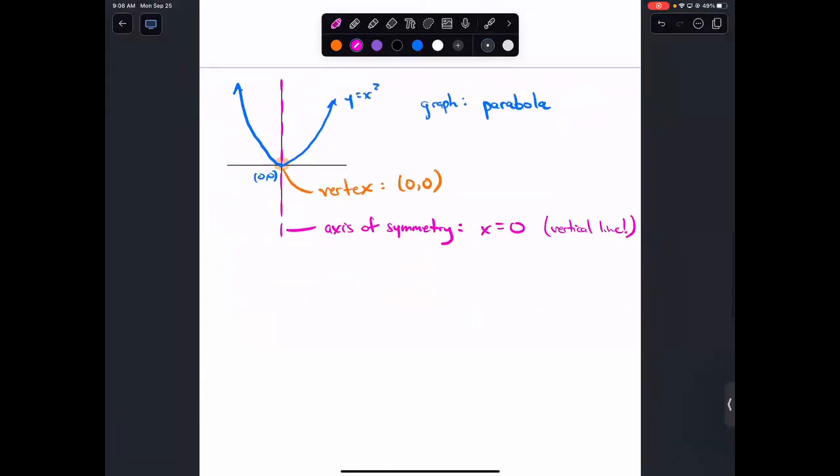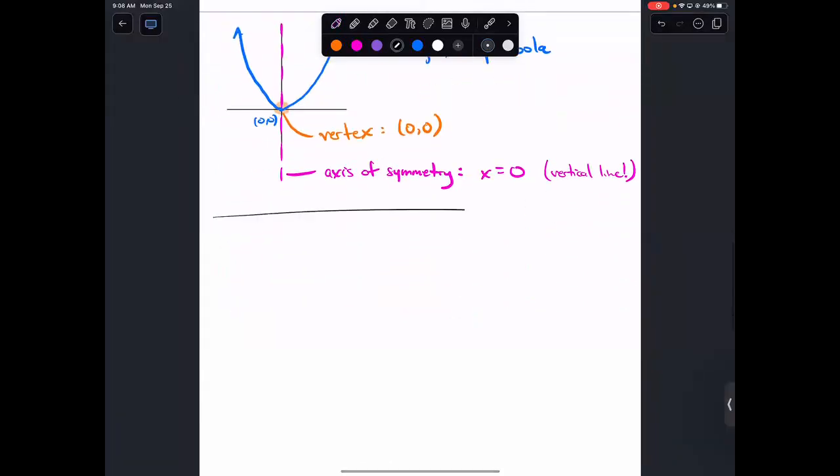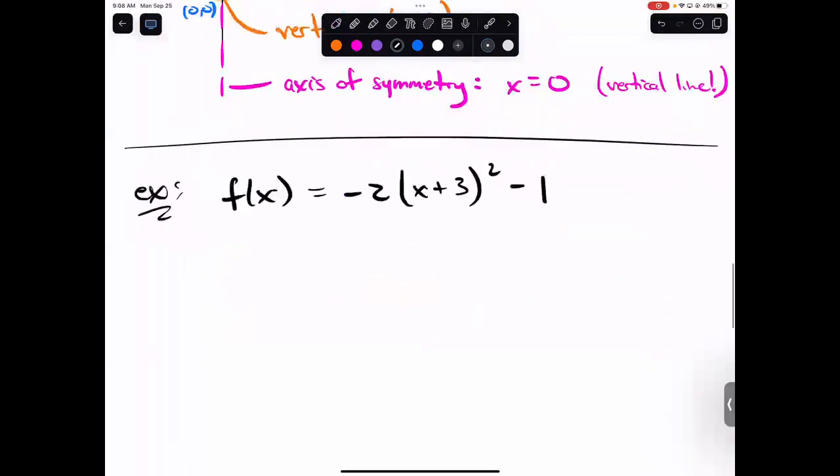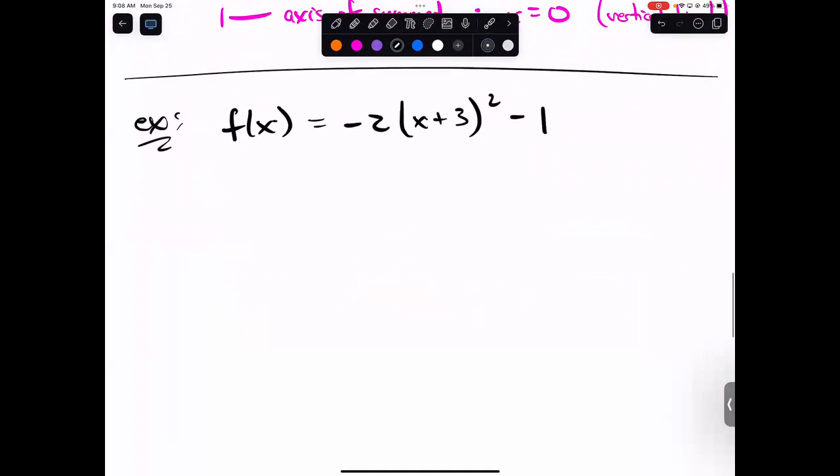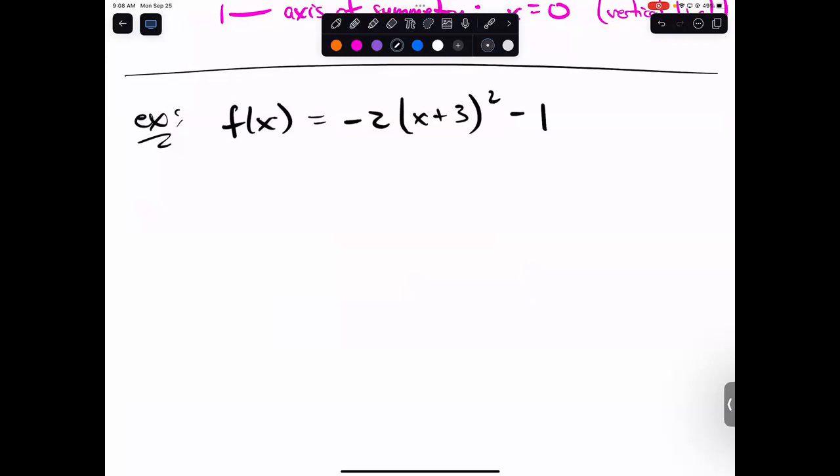Okay, let's look at another example. Say f of x is -2(x + 3) squared minus 1. What do we know about that, using, again, stuff we already knew coming into today?